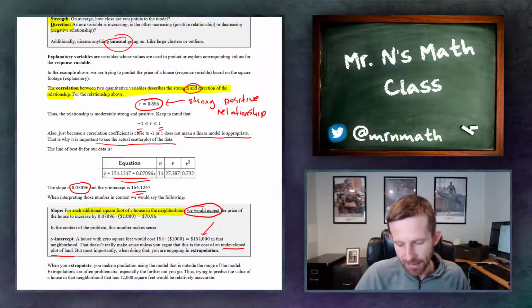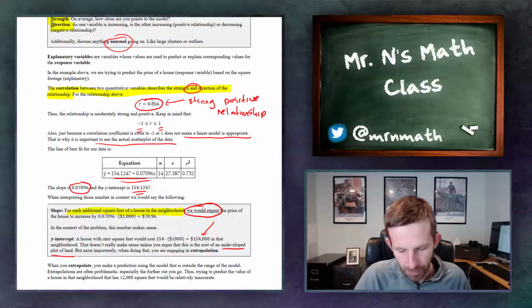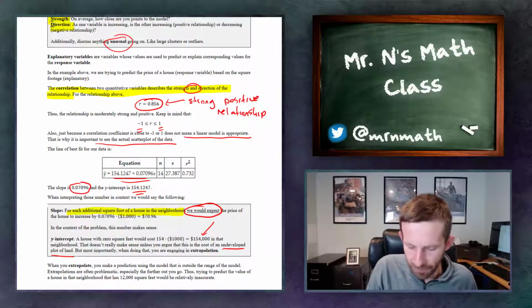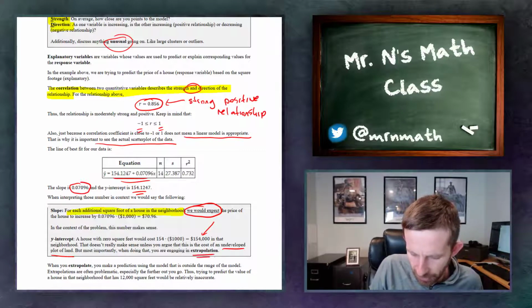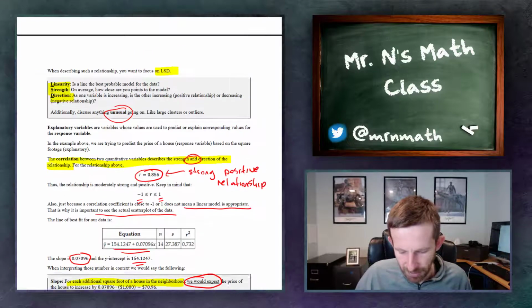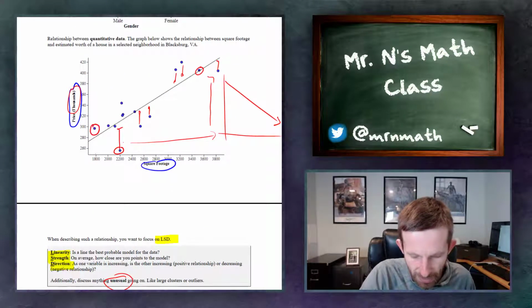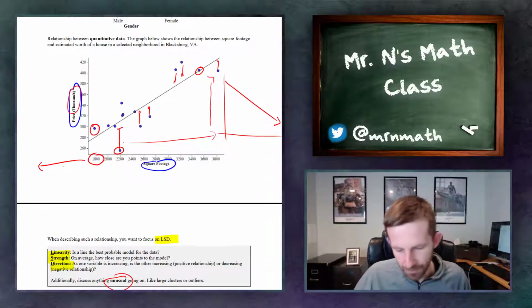So the land itself could be $154,000, but it doesn't really say how big the acres are, whatever. Most importantly, we're engaging in some serious extrapolation because the smallest value we have is 1800, so 0 would be way out there.